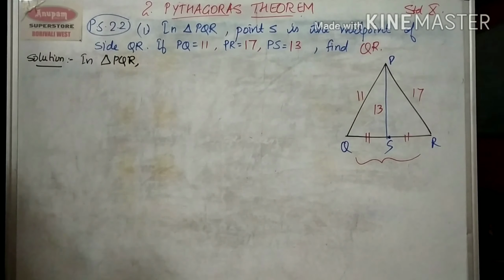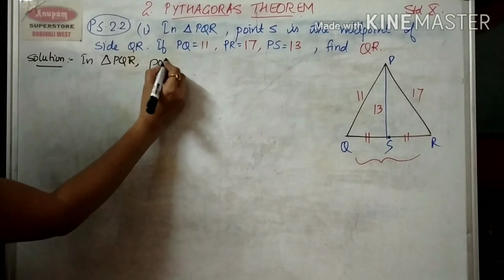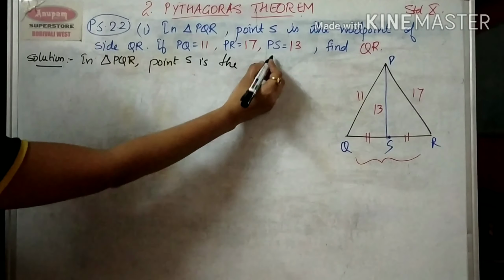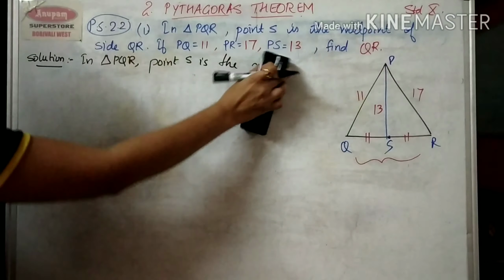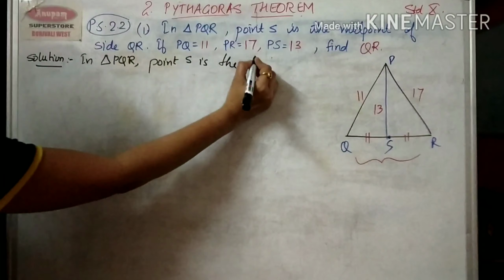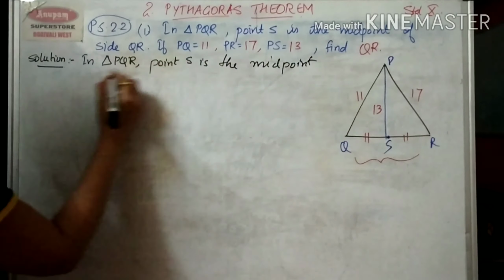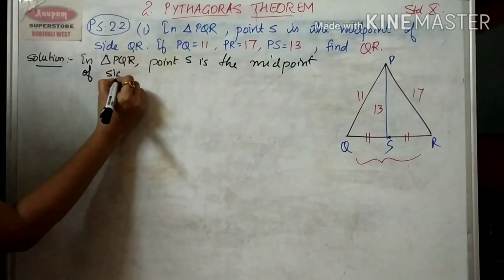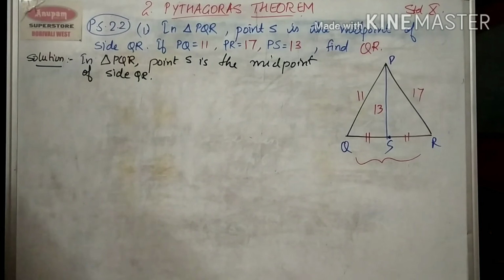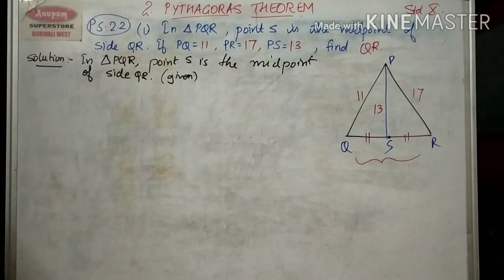So in triangle PQR, point S is the midpoint of side QR. This is what we write first, and this is given.